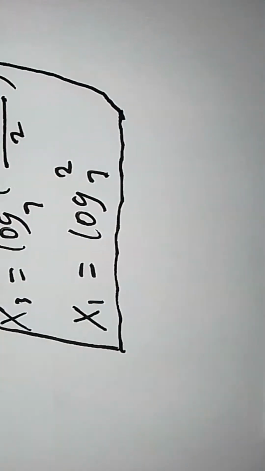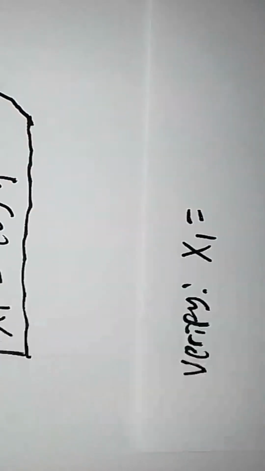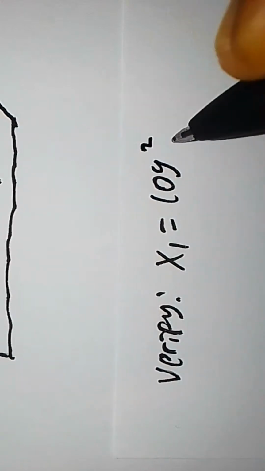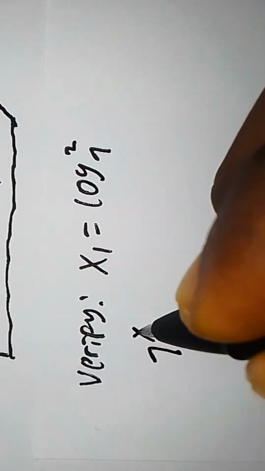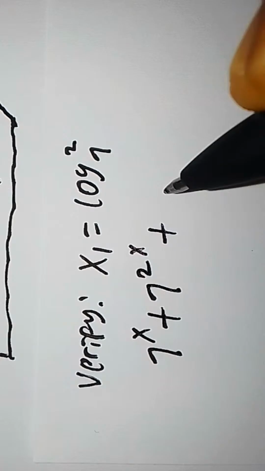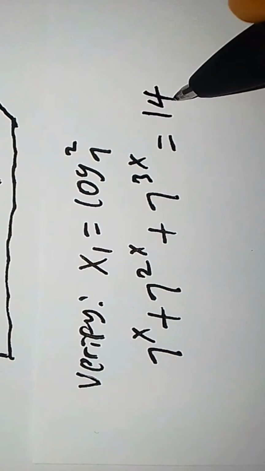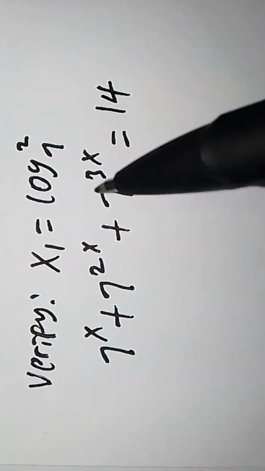Let's verify log 2 base 7 if it is correct. x1 equal to log 2 base 7. The question says 7 raised to x plus 7 raised to 2x plus 7 raised to 3x is equal to 14. Don't forget this is just x equals log 2 base 7.